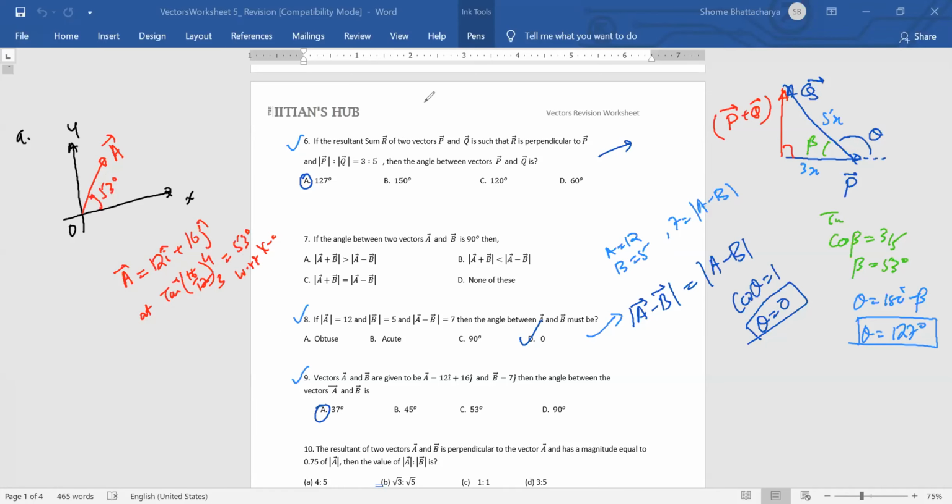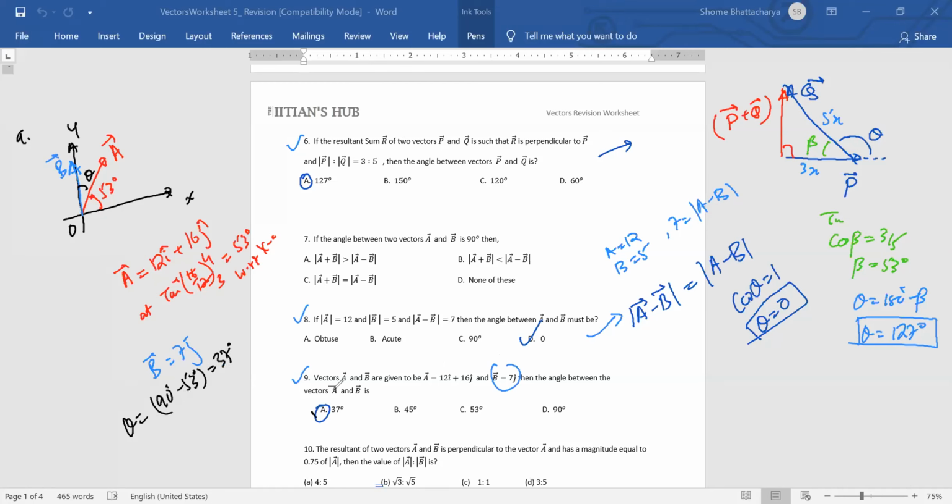Okay. On the other hand, our second vector, this one B, is just along the y axis. So now the angle between these two is this angle. So that theta you can see is 37 degrees.